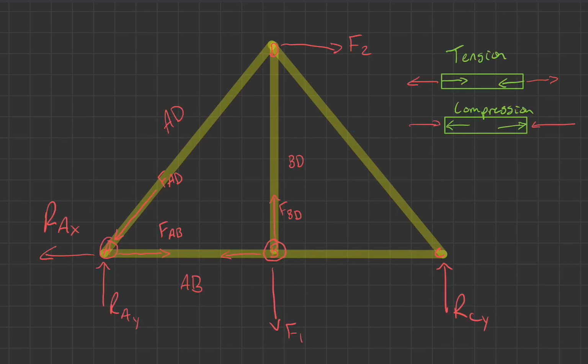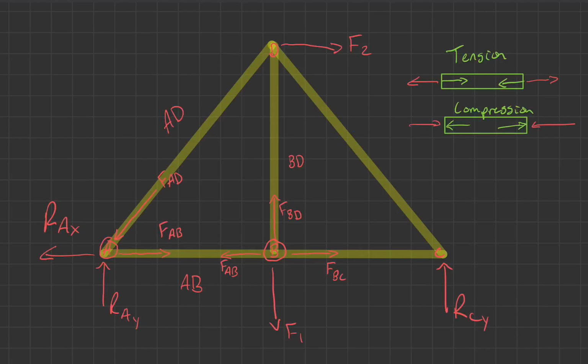They should be going opposite directions, which means now I'm looking at B here, and I've got one going up, one going down, one going to the left, so I should probably have one going to the right, and that would be force of BC. So this was force AB here. Okay, not too bad.